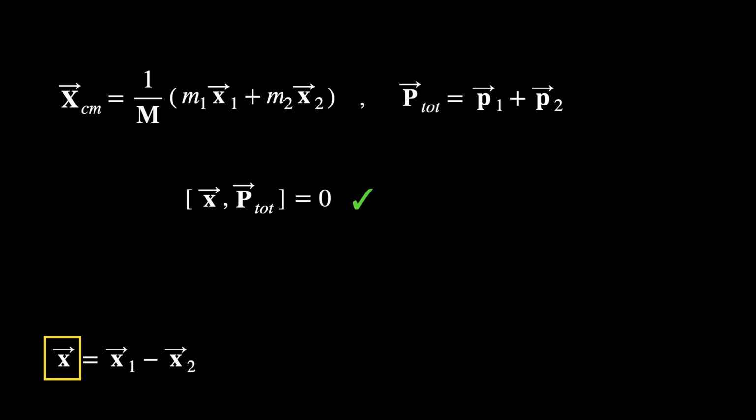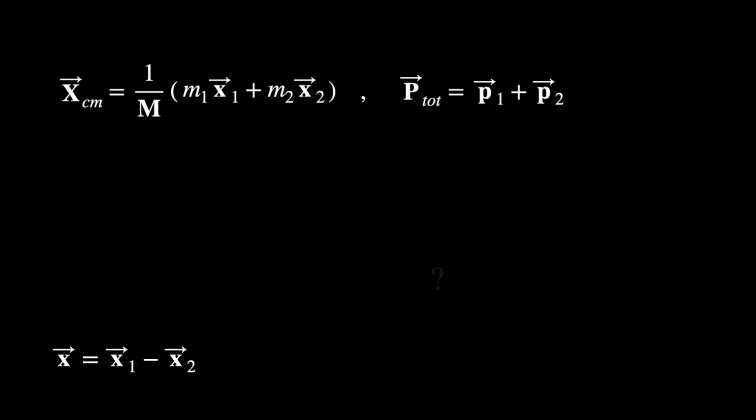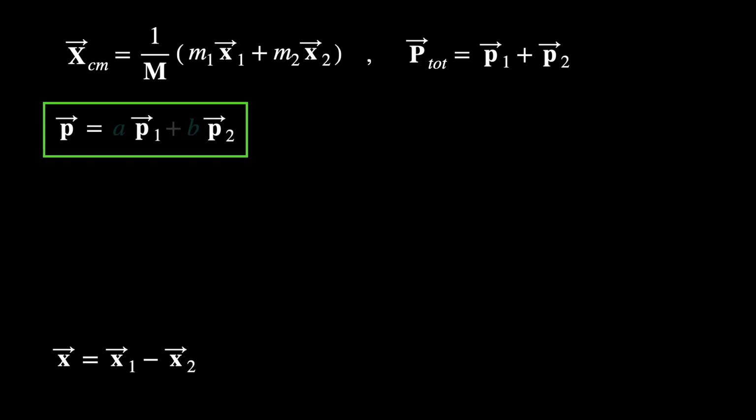Now we move on to the problem of finding the momentum conjugated to the relative position. Assume that this momentum is a linear combination of P1 and P2. This way, it automatically commutes with the total momentum. A and B are some constants that are to be determined. Let's calculate the commutator between xcm and this momentum.